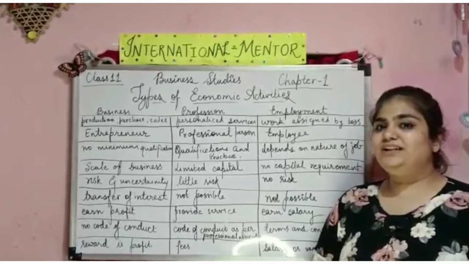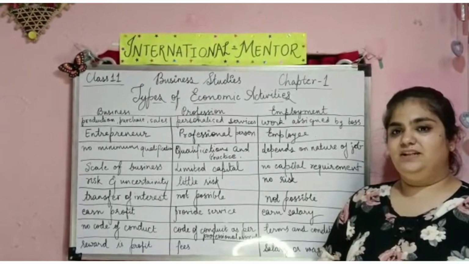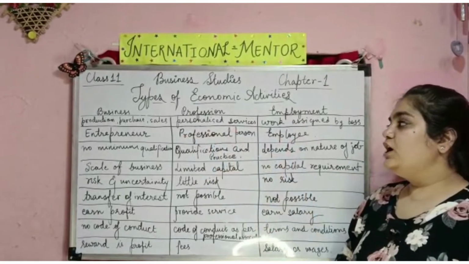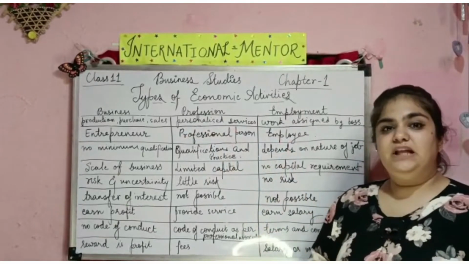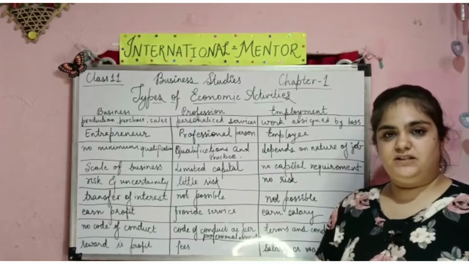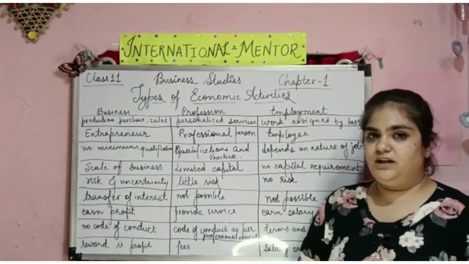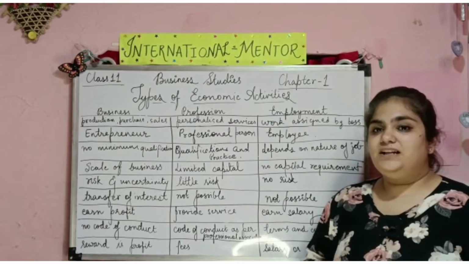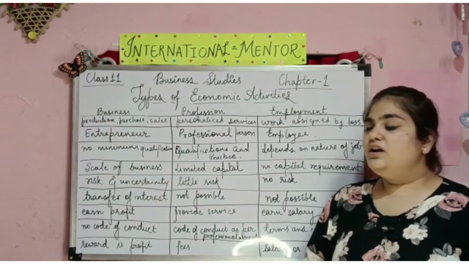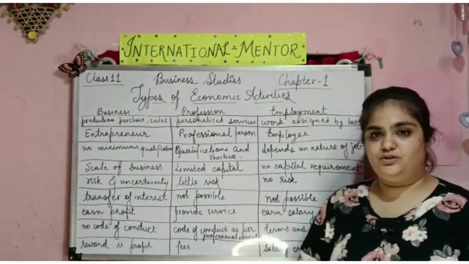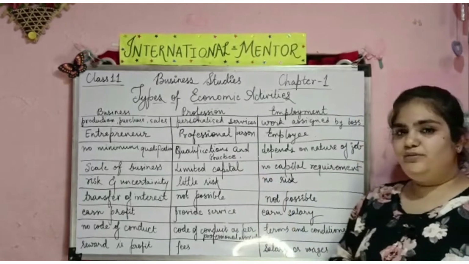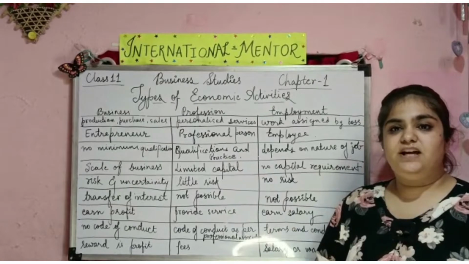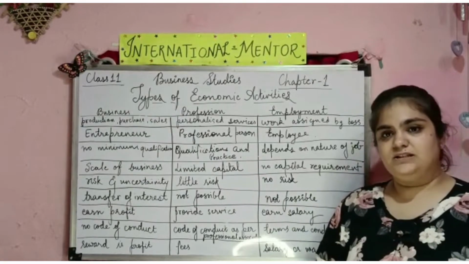Now I will teach you what are the types of economic activities. These are business, profession, and employment. In business, there is a production of goods and services. We purchase raw materials and then convert them into finished goods to satisfy the needs of the customer. This is called production. Then, in profession, we provide personalized services to the customers and then satisfy their needs.